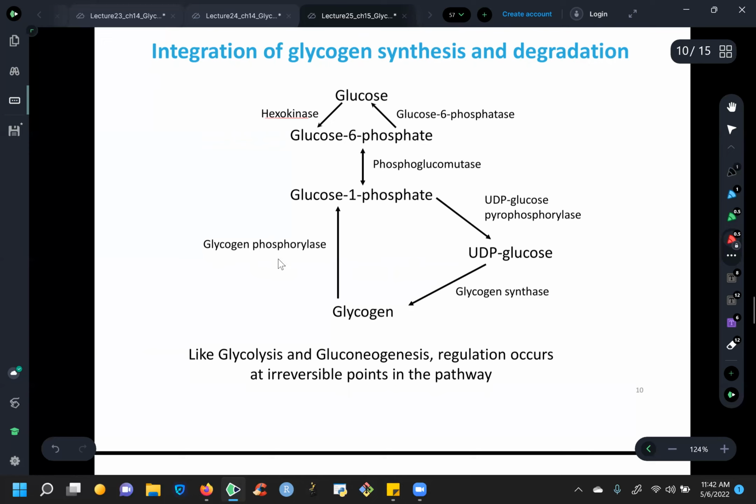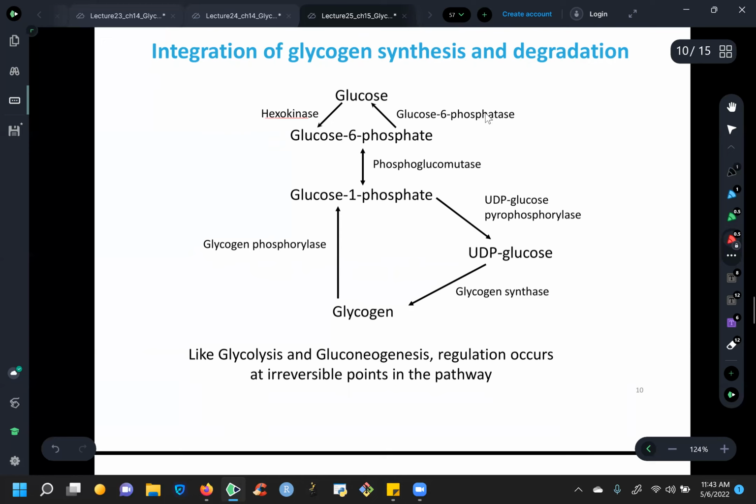So glycogen phosphorylase would take away that phosphate that you had placed on carbon 1 to make glycogen. Or actually, no, it wouldn't take away the carbon. It would go into the glycogen chain. So here, if you have glucose 6-phosphate and you want to remove that phosphate, you use glucose 6-phosphatase.